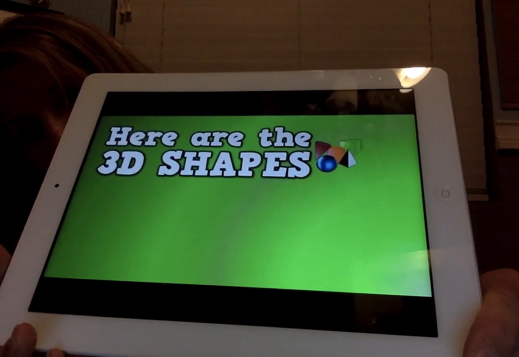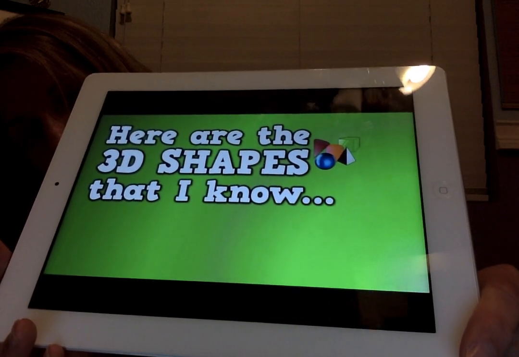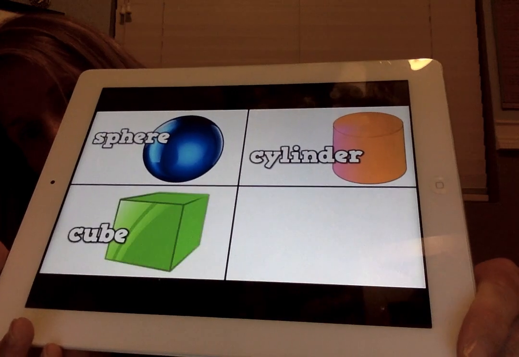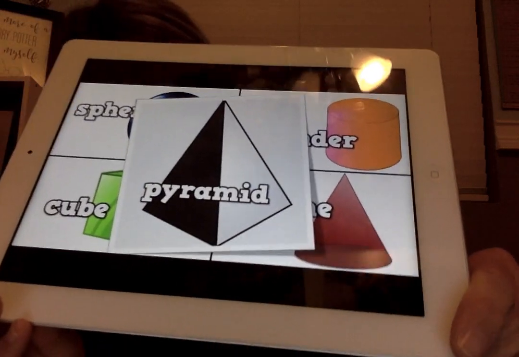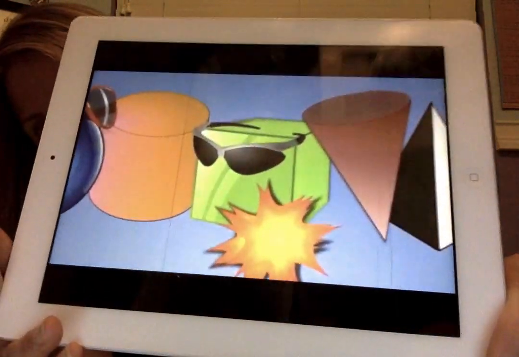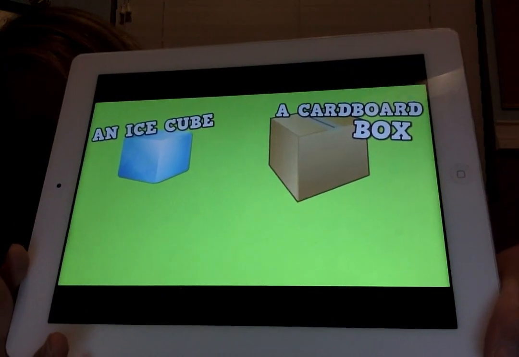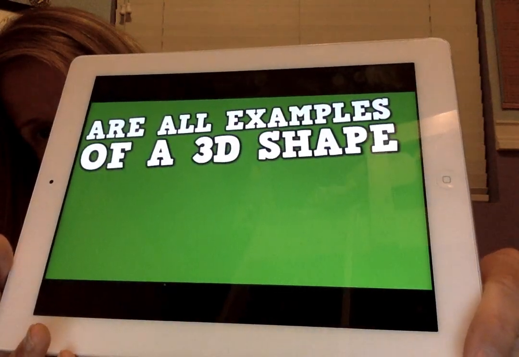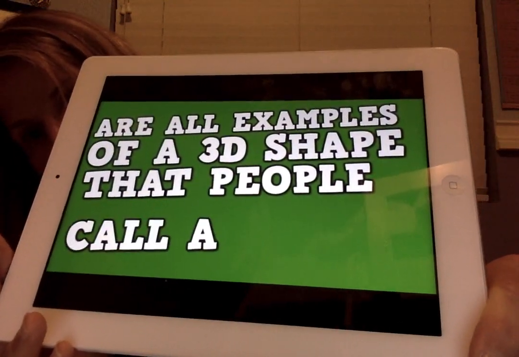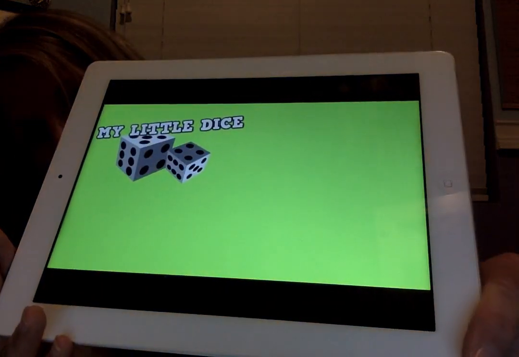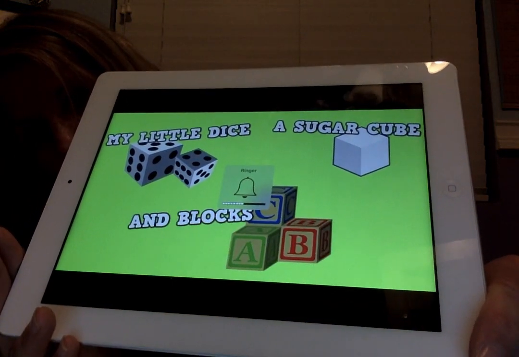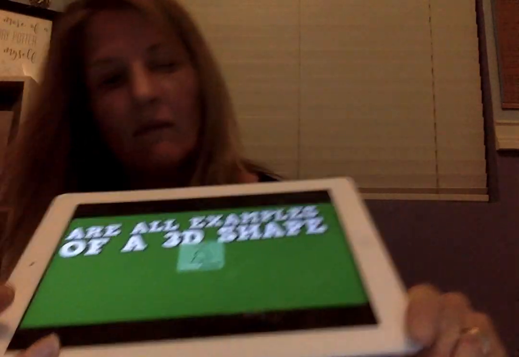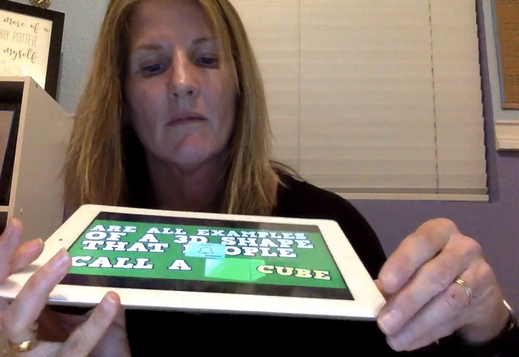Here are the 3D shapes that I know. A sphere, a cylinder, a cube, and a cone. An ice cube, a cardboard box, and a Christmas present for you are all examples of a 3D shape that people call a cube. My little dice, a sugar cube, and blocks that I use are all examples of a 3D shape that people call a cube.